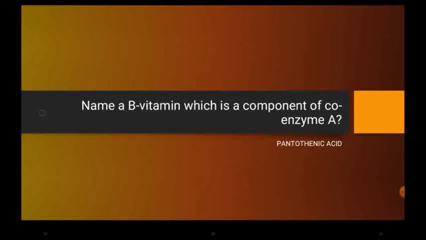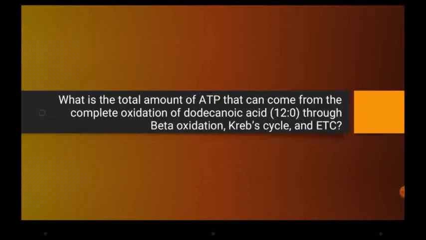Now, to help you comment, we have this next question for you to answer in the comments below. What is the total amount of ATP that can come from the complete oxidation of dodecanoic acid through beta oxidation, Krebs cycle, and electron transport chain?